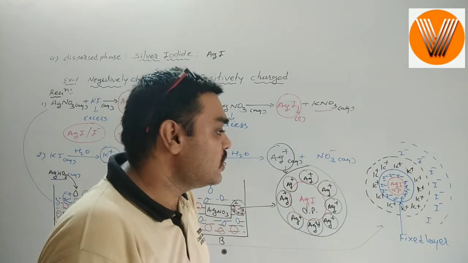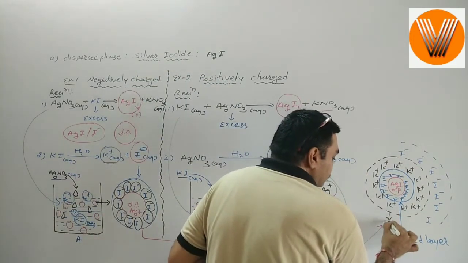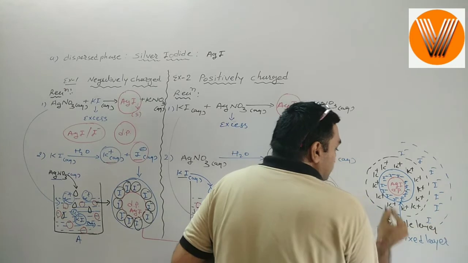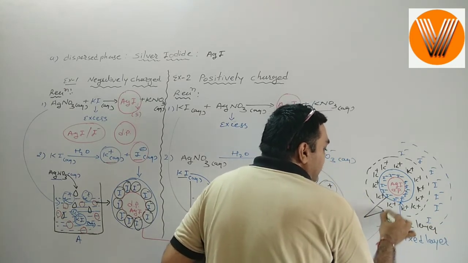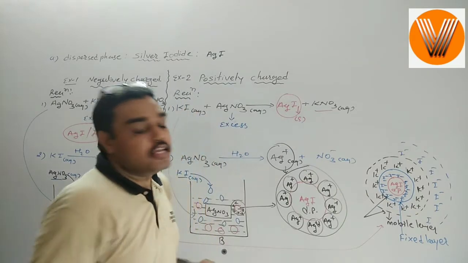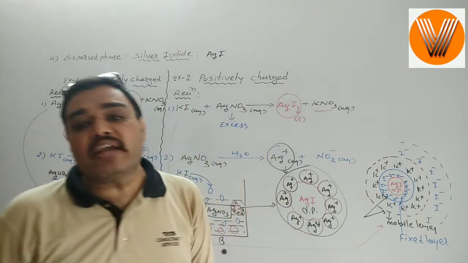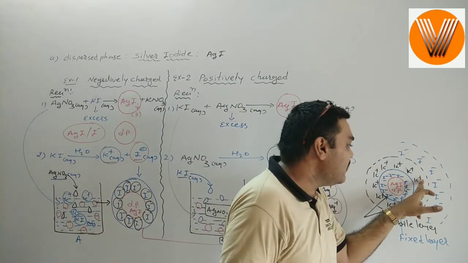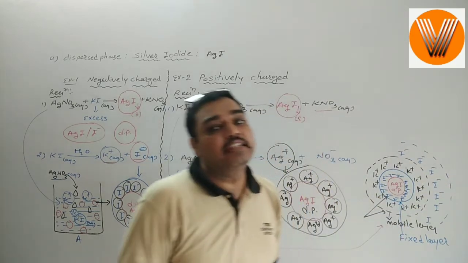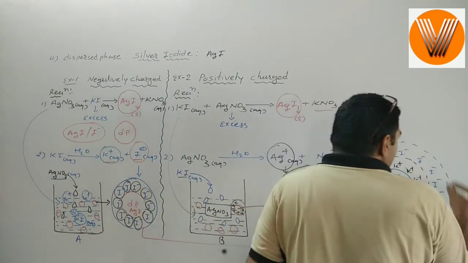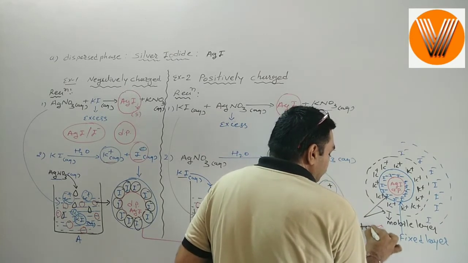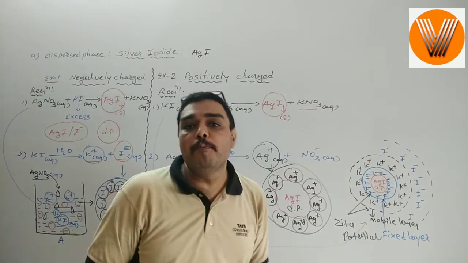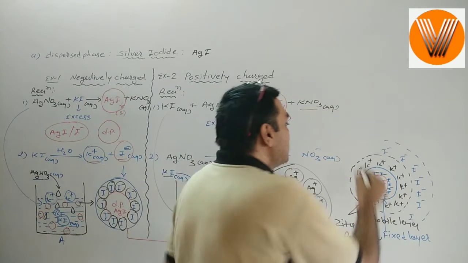The second thing you can understand is that the combination of these two layers, the fixed layer and the mobile layer, is called a Coulombic layer or electrical layer. The potential difference you will find between this negative and positive charge is called zeta potential, or Coulombic potential, or electrical charge potential.